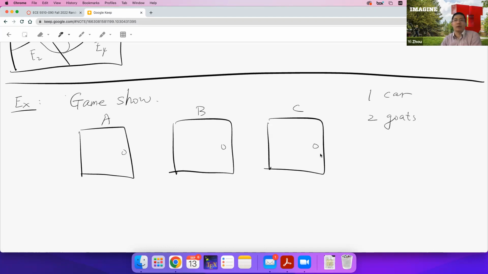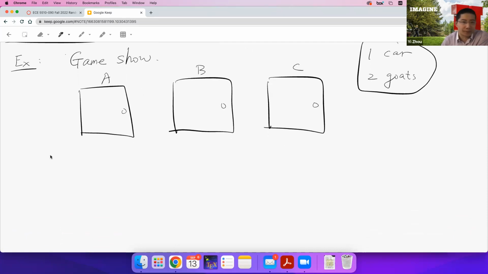You want to pick the car from the three doors. And these three gifts are randomly assigned to each door, right? So everything is uniformly at random. And of course, you don't know where the car is. So what you do is as follows. You randomly pick a door.